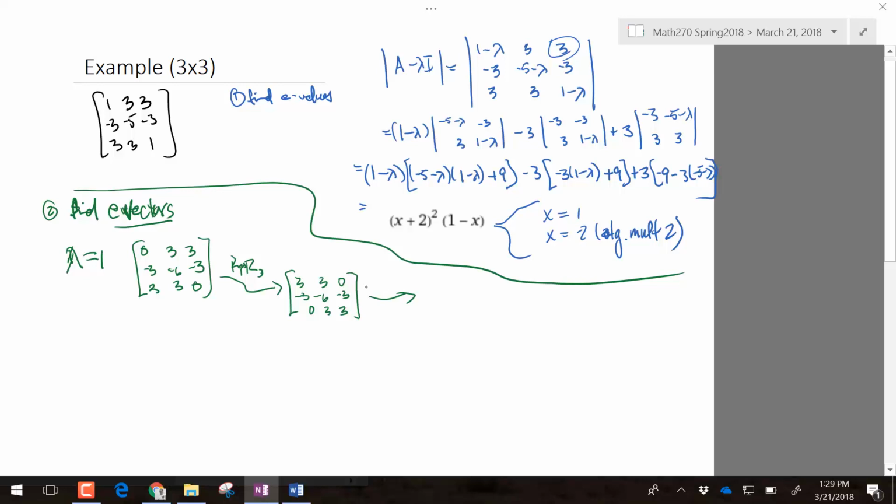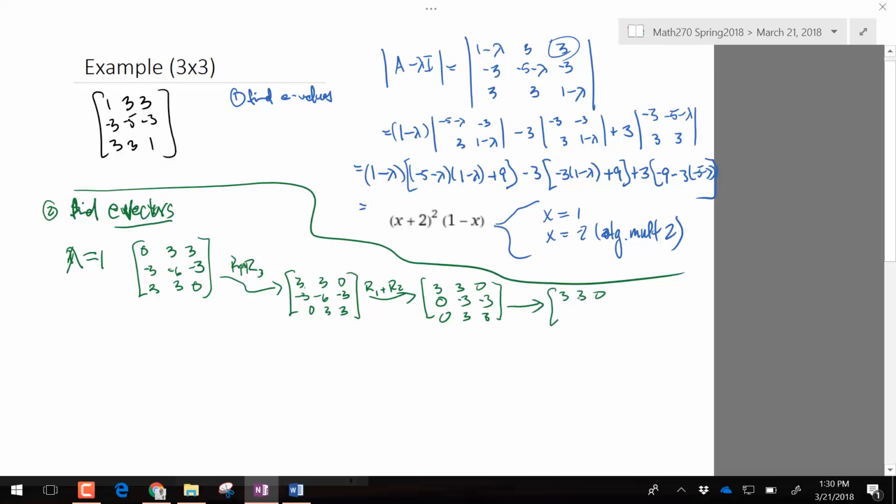And then maybe I'll multiply the first one by 1, I guess, and just add it to row 2. So I got 3, 3, 0, and this is going to be 0. Yeah, of course. Add. So this is negative 3 and negative 3. And then you can see that the second and third rows are essentially the same.